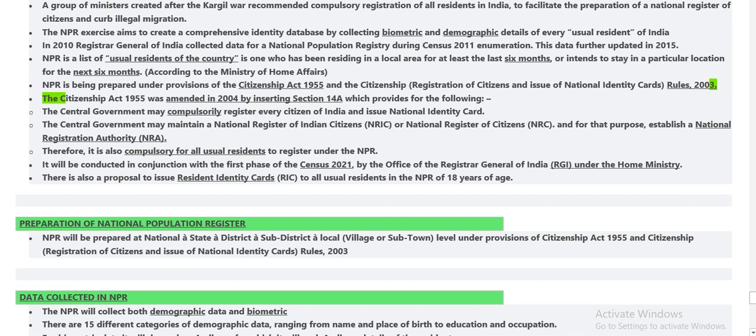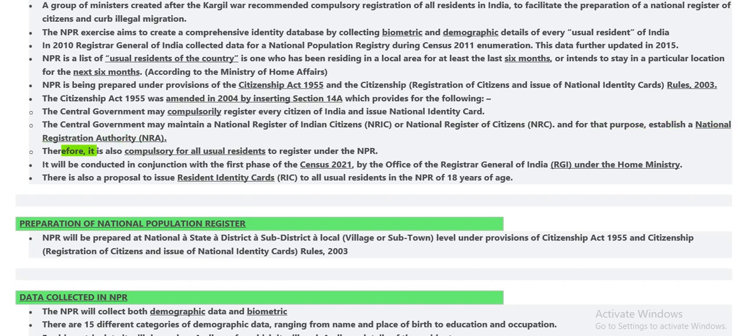According to the Ministry of Home Affairs, NPR is being prepared under provisions of the Citizenship Act 1955 and the Citizenship, Registration of Citizens and Issue of National Identity Cards, Rules, 2003. The Citizenship Act 1955 was amended in 2004 by inserting Section 14A, which provides for the following: the central government may compulsorily register every citizen of India and issue national identity cards.